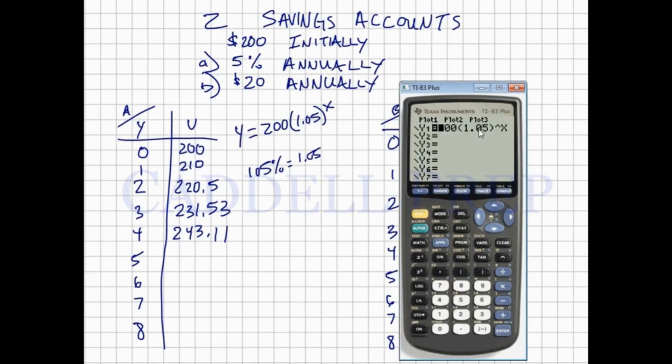And what happens if it wasn't 5%? What if we had 8% instead? So 1.08. Let's look at this table. And we'll start back at 0. So right off the bat, it grew by $16. Then already after year 4, it grew by more than $20.